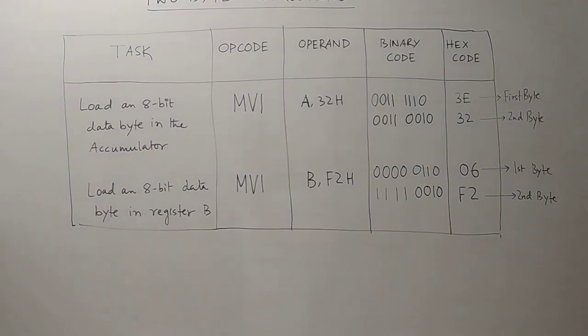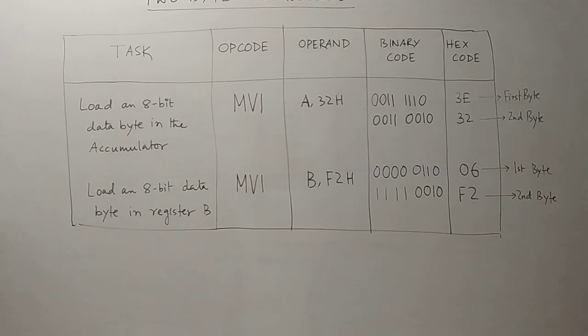You can see there are two tasks. The first task is to load an 8-bit data byte in the accumulator and the second task is to load an 8-bit data byte in register B. For the first task, our opcode is MVI, meaning move immediate. The operand is A, 32H.